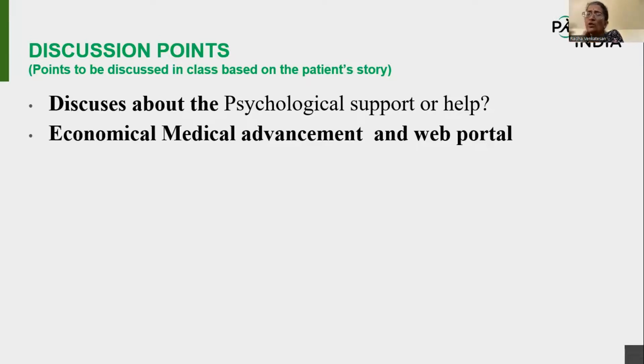So how are we going to provide the best care to the patient? You may not be able to provide everything, so find out the nearest referral oncology or palliative care unit where you could refer them, because we should not deny care to any patient at any point of time.